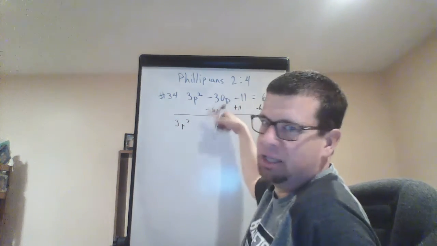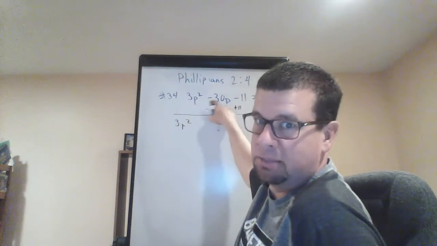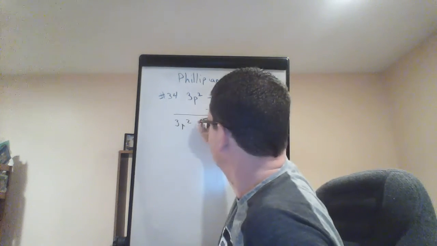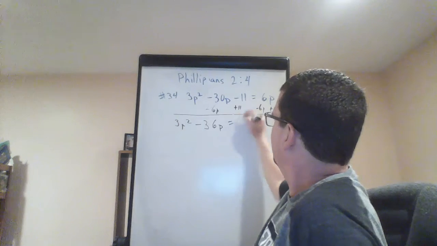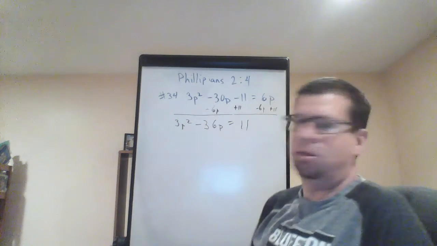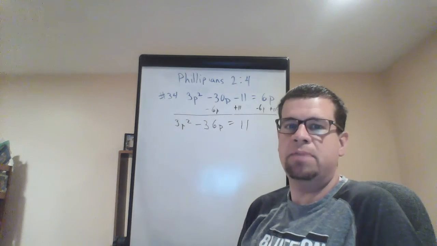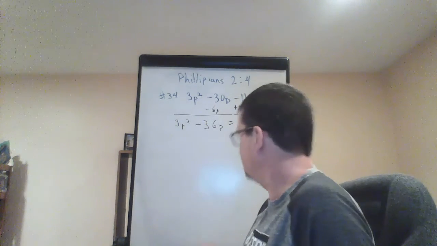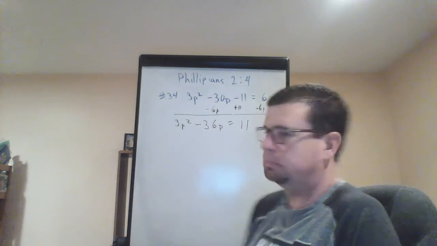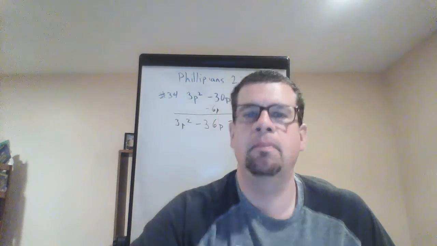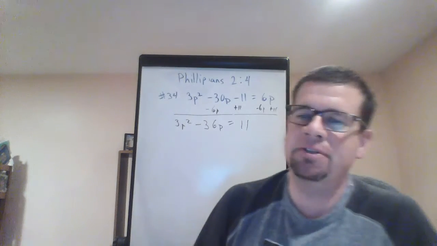If I subtract 30 and then I subtract 6 more, that's like subtracting 36. These zero out and I get 11. So there's my equation now: 3p squared minus 36p equals 11. And now I'm ready to complete the square on this.